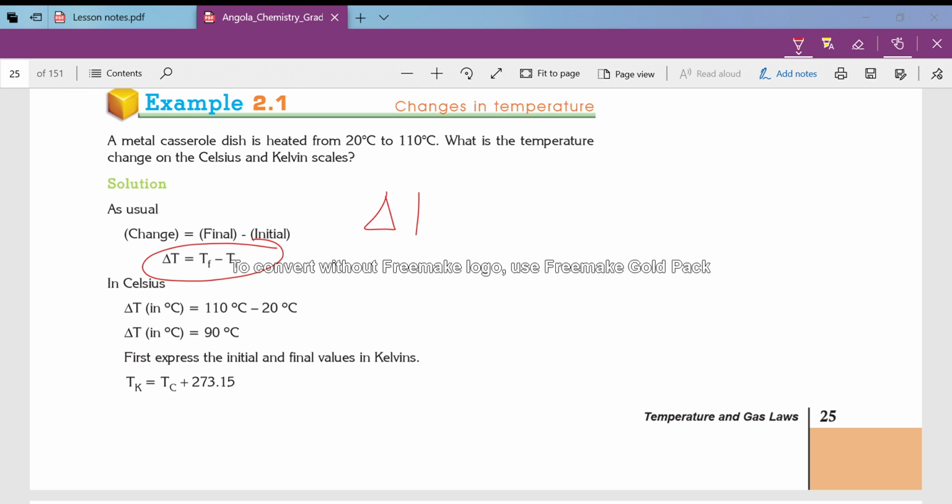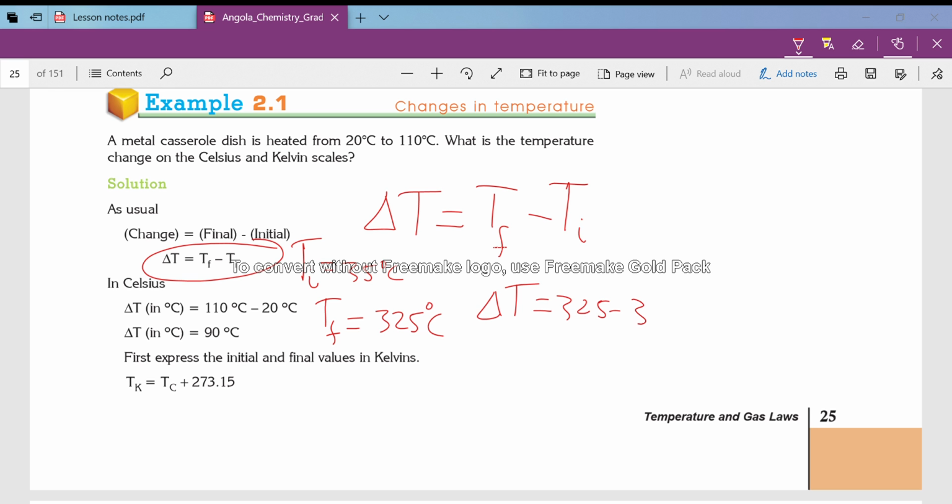So if initially we have, let's say, 35 degrees centigrade as our T initial, and T final is, let's say, 325 degrees Celsius, the change in temperature will be 325 minus 35, so 290 degrees Celsius.